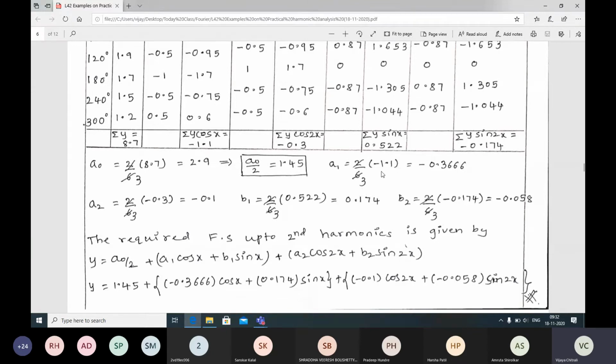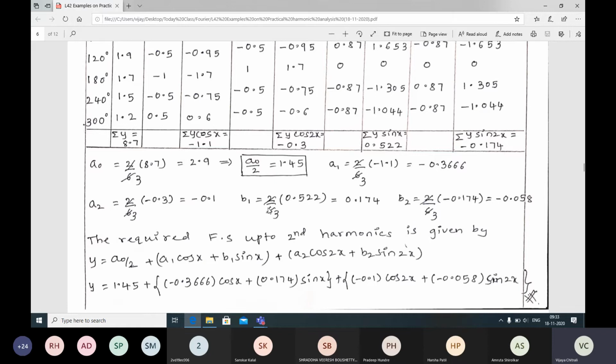So 2 ones are 2, 3 threes are, minus 1.1 divided by 3 is minus 0.3667, or approximately minus 0.37. Now a2 is 2 by capital N, which is 6, and the summation of y cos 2x is minus 0.3. 2 ones are 2, 3 threes are. So minus 0.3 divided by 3 is minus 0.1.